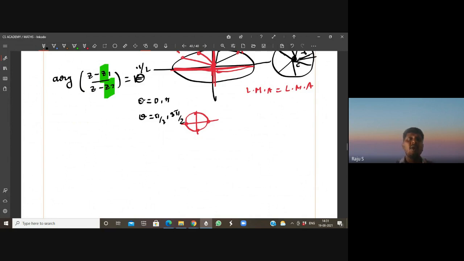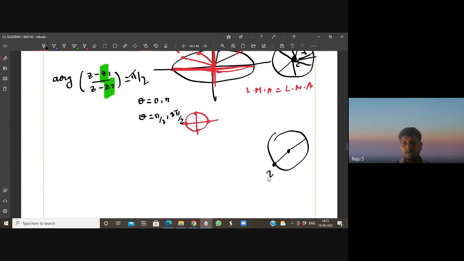Then what about Z1, Z2? Whenever it is equal to 90, in that case, Z1, Z2 represent the ends of the diameter. If I draw the diameter which is passing through the center.